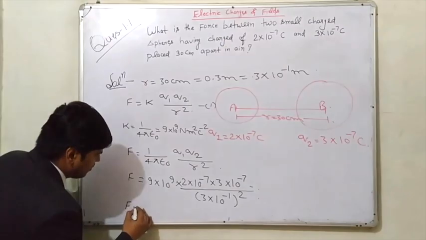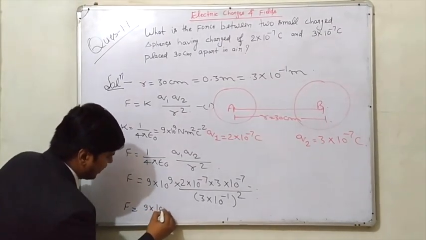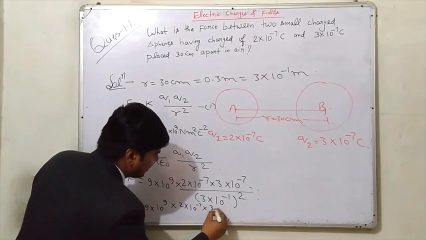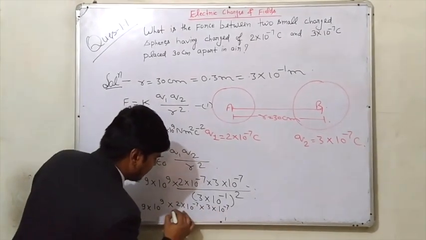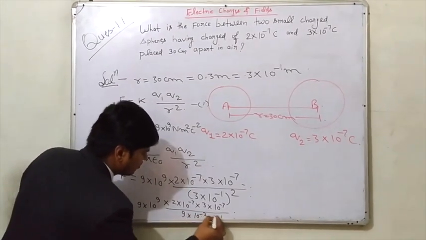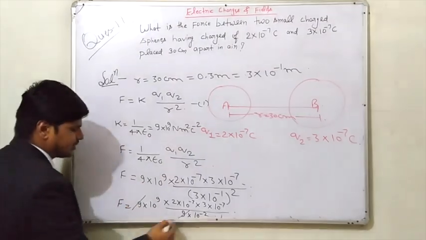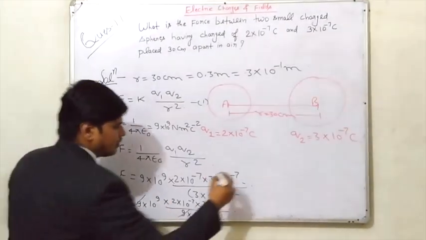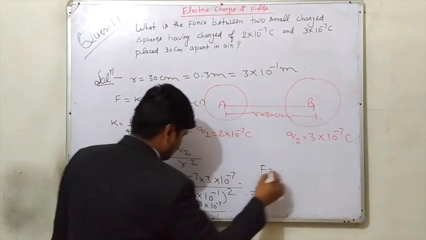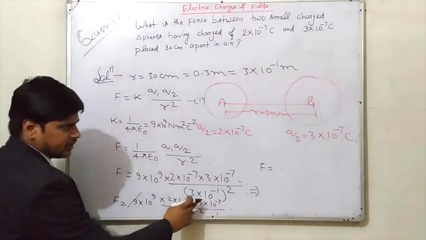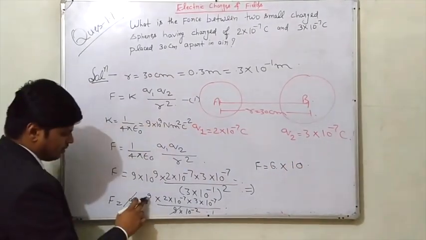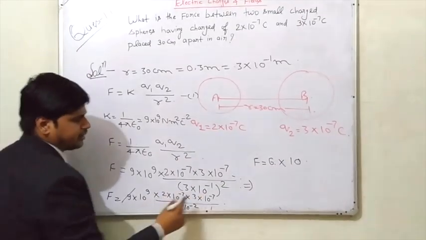F equal to 9 into 10 to the power 9, times 2 into 10 to the power minus 7, times 3 into 10 to the power minus 7, divided by 9 into 10 to the power minus 2. 9 cancels out. Then we get F equal to 2 threes are 6, 6 into 10 to the power 9 minus 14.